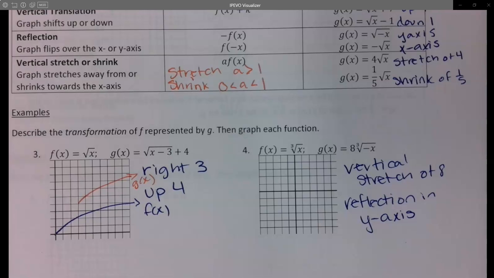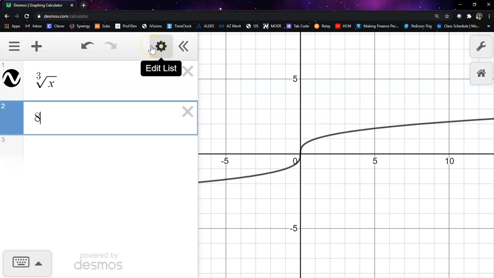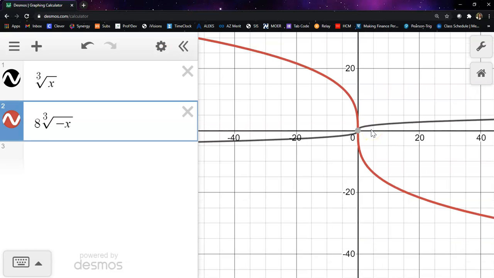So I'm going to graph. So it's really stretched out, and then it's flipped. If I zoom out, you can kind of see.